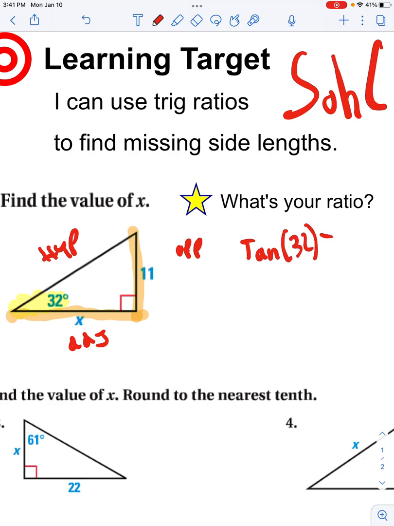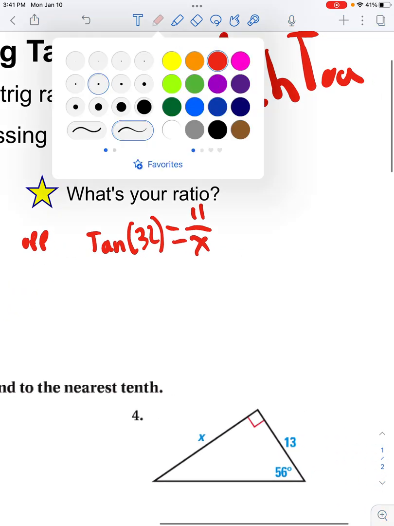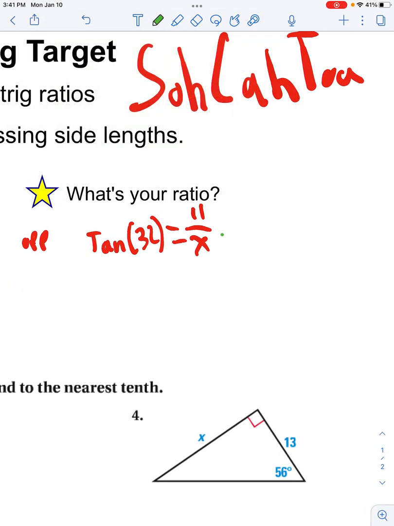So I'm going to say tangent of 32 degrees equals opposite over adjacent. Now my goal is to figure out x. In order to do that, I multiply by x on both sides.